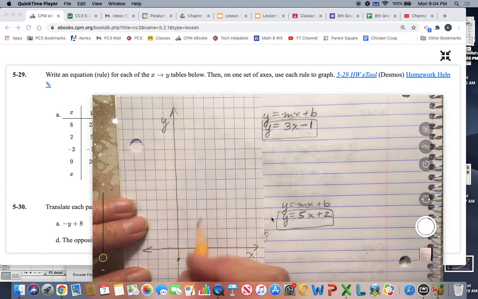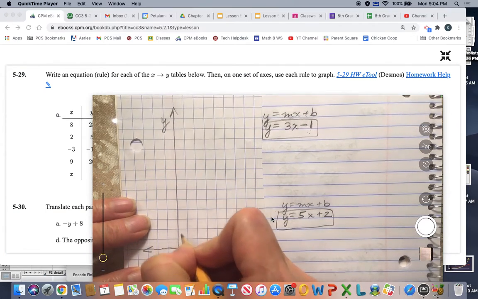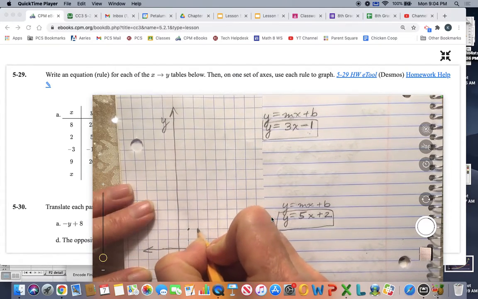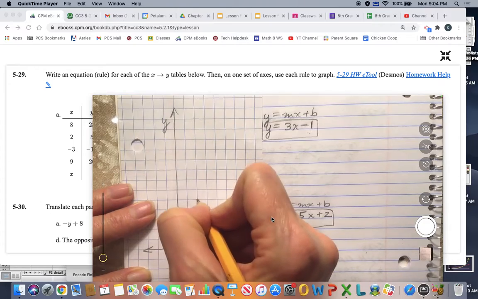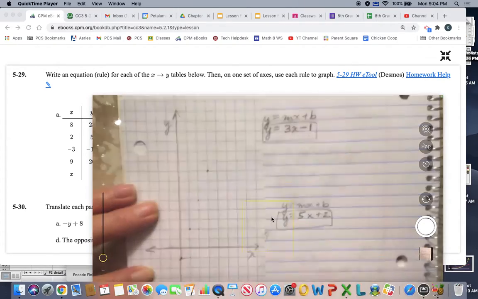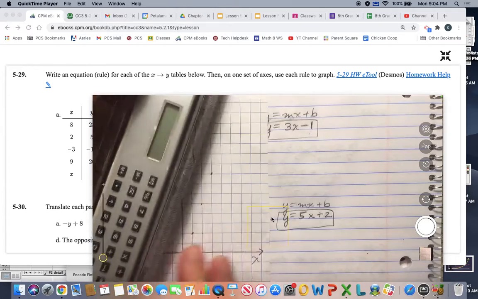And then we know that for every 1x that we go over, we will go up 1, 2, 3. So there's our next point. So over 1 and then up 1, 2, 3. Over 1 and up 3. Okay, so there's our first line, and we can go ahead and draw that.